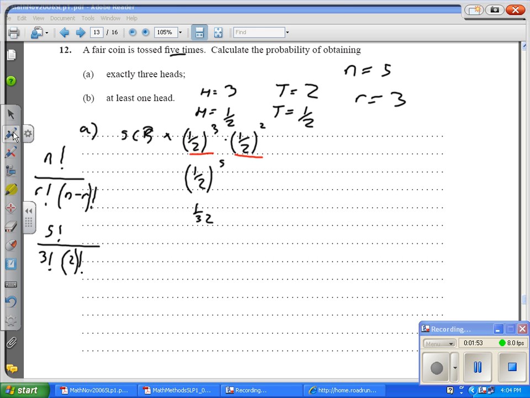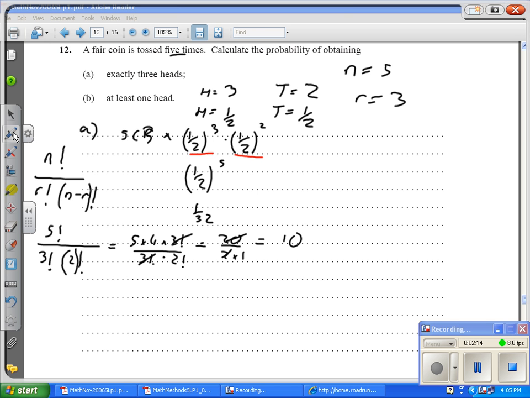And so we get 5 times 4 times 3 factorial upon 3 factorial times 2 factorial. These two can cancel out, and so you have 20 upon 2 times 1, which is just 2, and so if you cancel these two, you get 10.